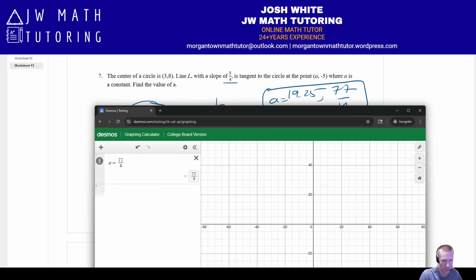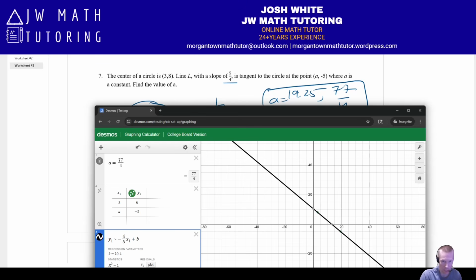Actually, let me show you how you could do the work in Desmos if you wanted to. I have these two points. I want a linear regression of a line between them, and I know the slope has to be negative 4/5.